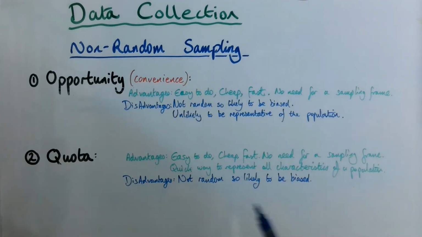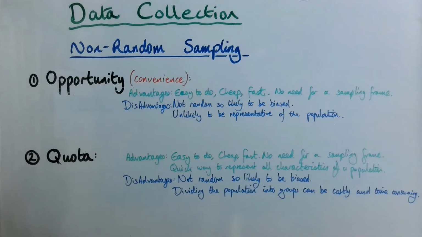And whilst the representativeness of the quota system is an advantage and desirable, it's going to take a little bit of effort. So that becomes a disadvantage, that quota sampling is not quite as cheap and easy as the other one. So that's going to create a cost. Dividing the population into groups can be costly and time consuming.